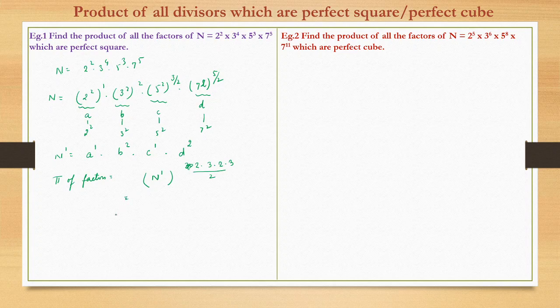So basically we are writing n dash as a raised to power 1, that is 2 square, into b square, that is 3 square, here it is 5 square, here it is 7 square, raised to power 18.